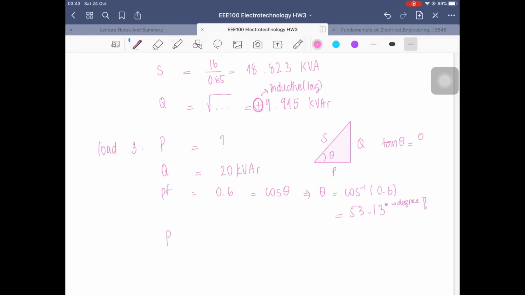So tan is TOA, which means opposite over adjacent, meaning Q over P. So I can find P from Q and the angle that is given from the PF. So without any further hesitation, I find P from this formula and calculate it, and it is something around 15.